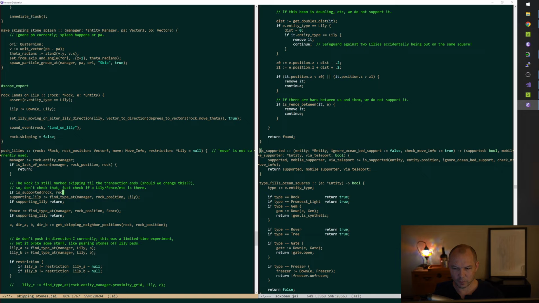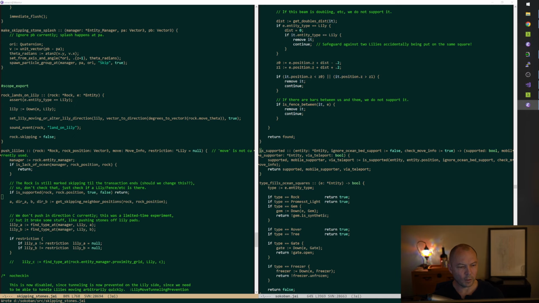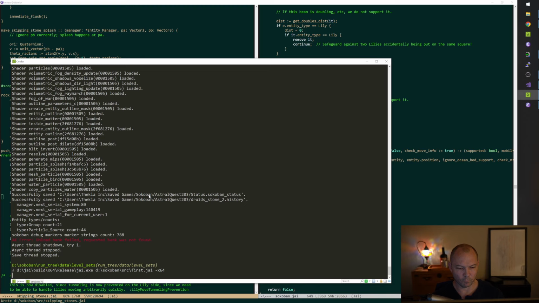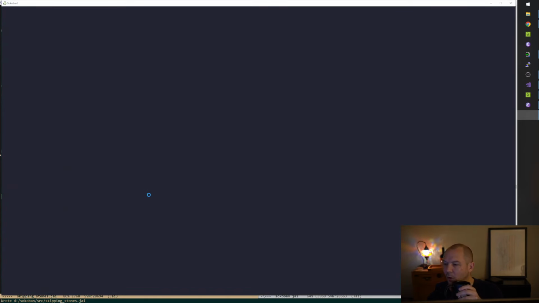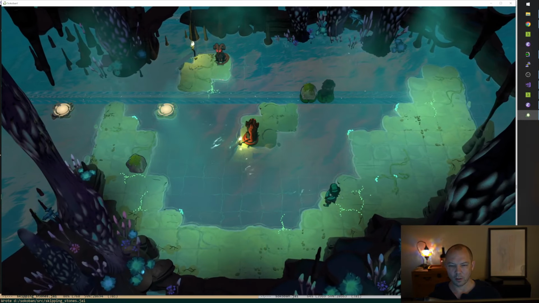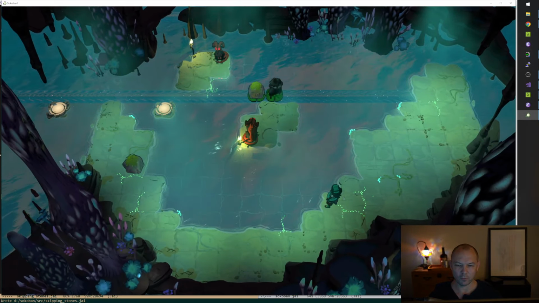Fuck. Rock dot position. True, false, return. That's better than doing a bunch of hack stuff, I think. Golden Monkey is frickin' delicious. It's so good. I cannot even tell you how good it is. Okay. Hey, look, it fixed.